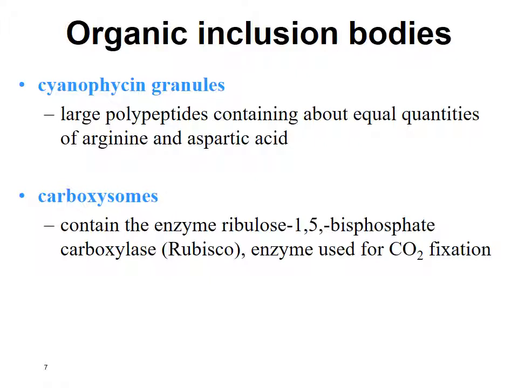The second type of distinctive inclusion body found in cyanobacteria are the carboxysomes. These inclusion bodies contain the enzyme rubisco, which is a critical enzyme for the fixation of carbon dioxide. And carboxysomes serve as a reserve for this enzyme.